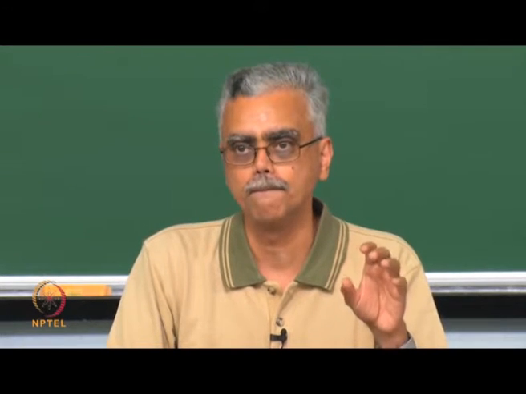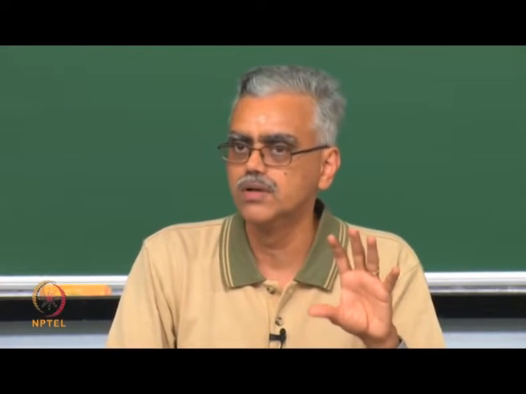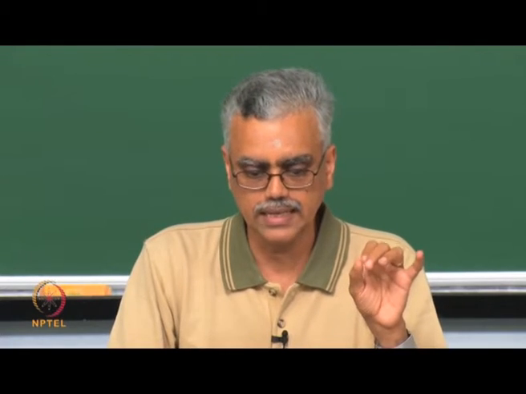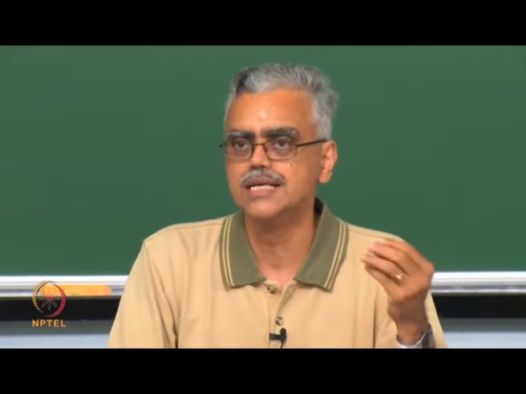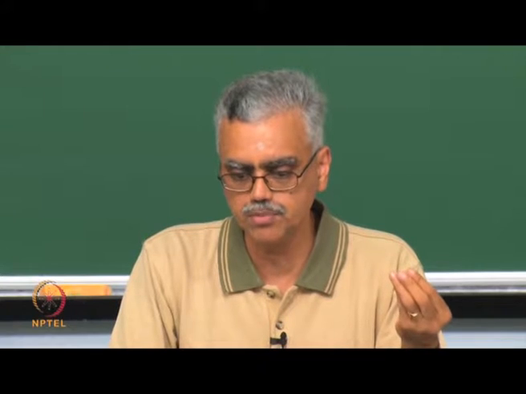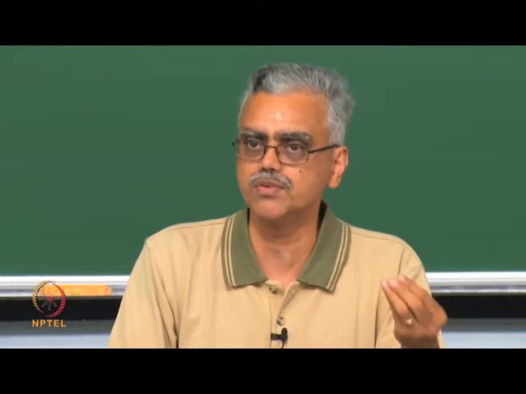So 3, 4 or 5 is about moderate bypass ratio, and 9 is high bypass ratio. 12, 13, 14 will be ultra high bypass ratio engines. These kinds of engines generally produce about 80% of the thrust from the fan.